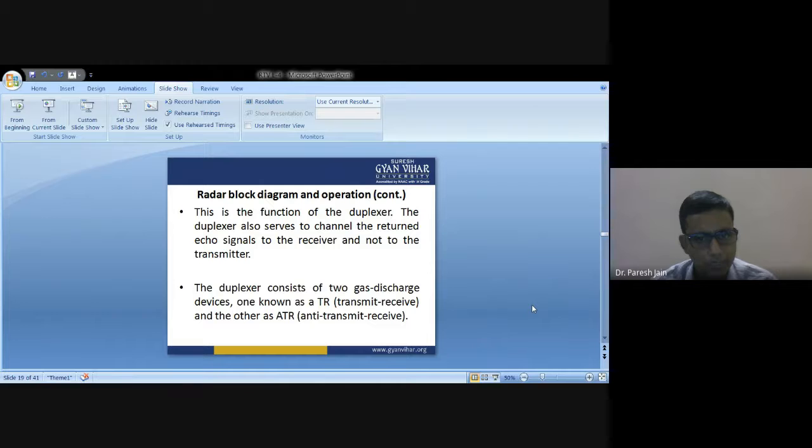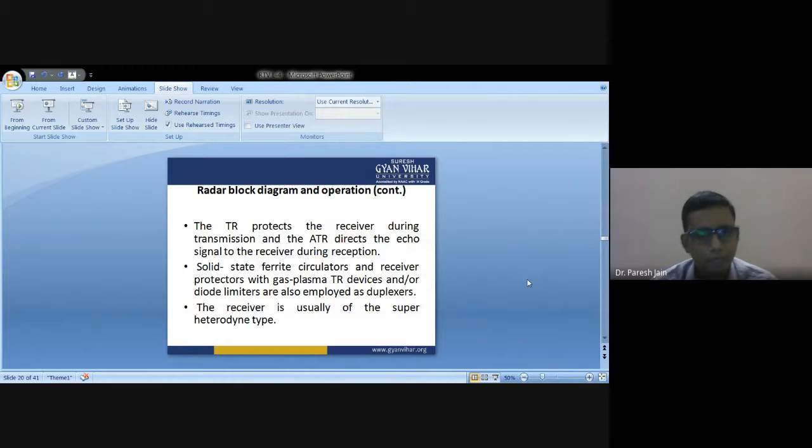The duplexer consists of two gas discharge devices, one known as TR, transmit receive, and the other known as ATR, that is anti-transmit receive. Means the duplexer is a device which works as a switch between the transmitter and receiver. The TR protects the receiver during transmission, and the ATR directs the echo signal to the receiver during reception.